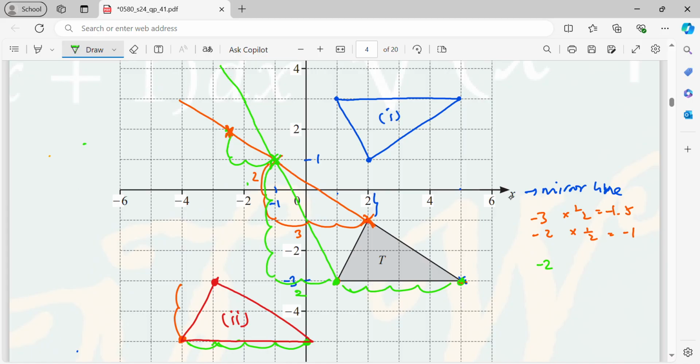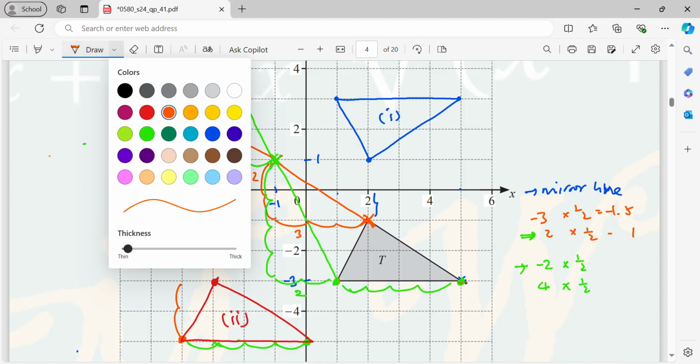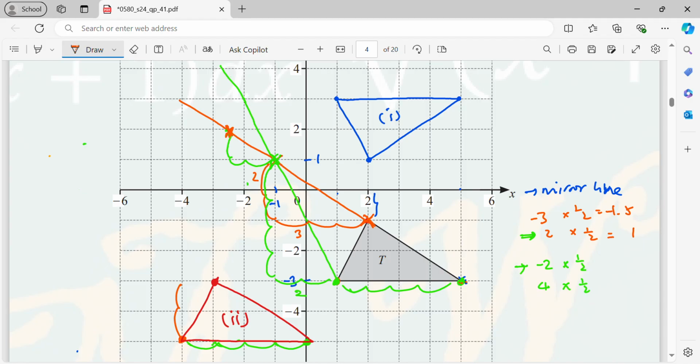So the other one is 4. So I times half. I took negative 2, I write negative 2 here because it is towards the left side. Same goes to the other one, the 2 times half, it should be positive 1. So minus 2 times half is basically minus 1. Then 4 times half is basically 2.